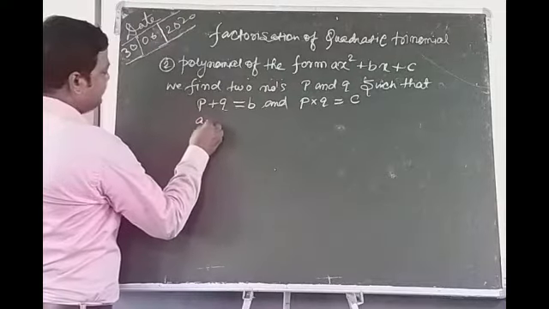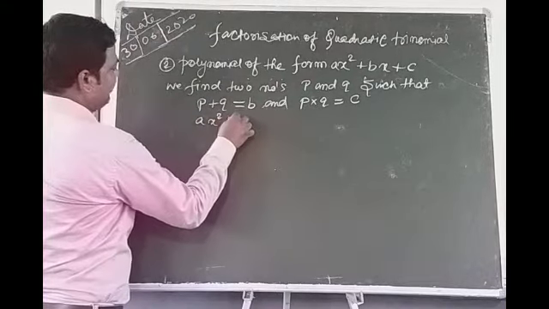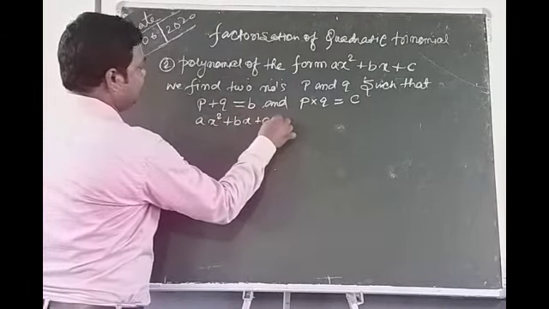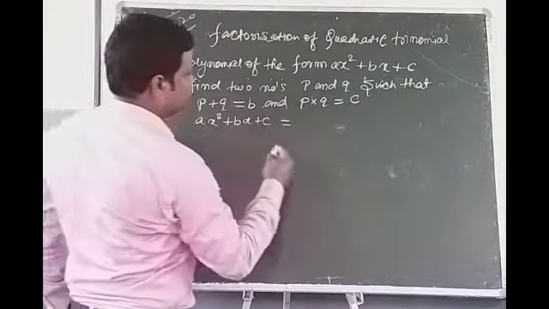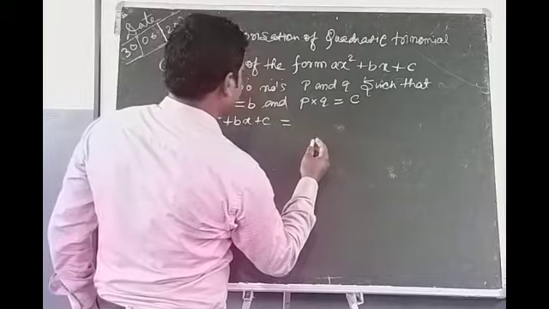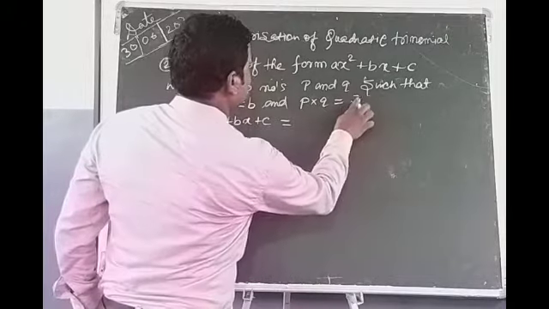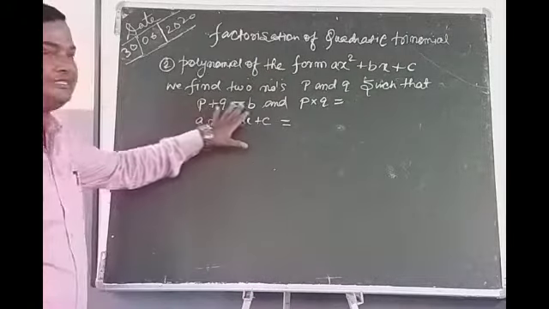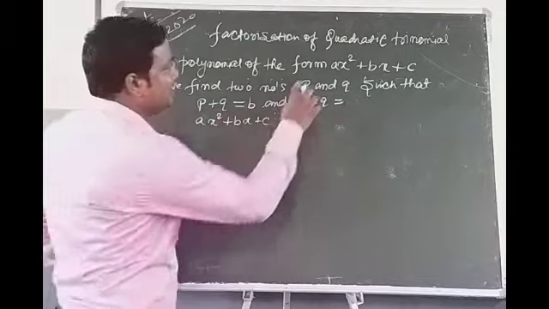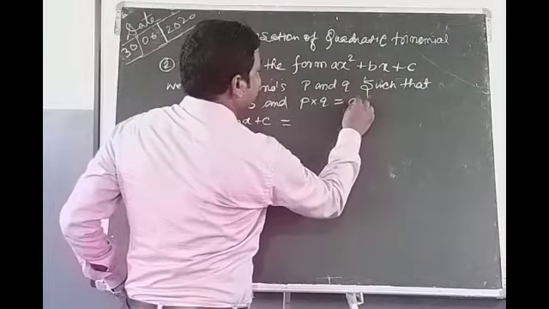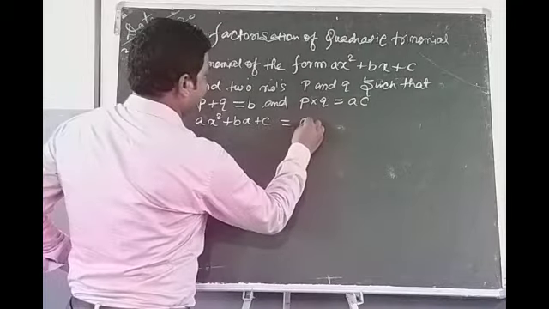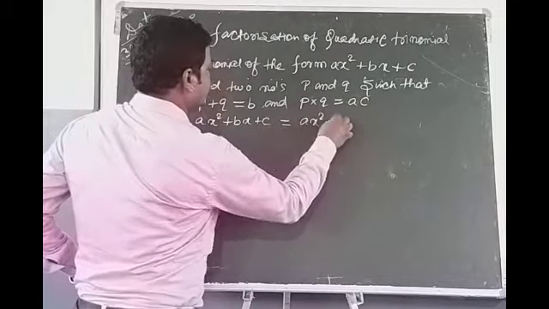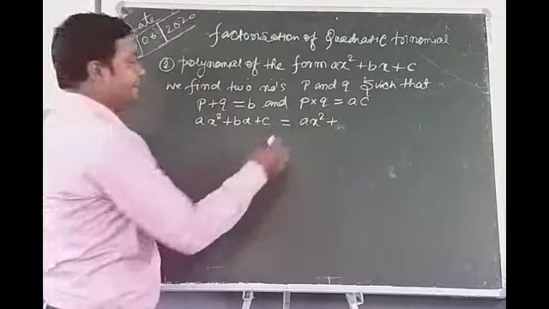Then this should be written as ax square plus bx plus c. It means the sum is b and the product is ac. Now look here: ax square plus, what is the value of b? p plus q.